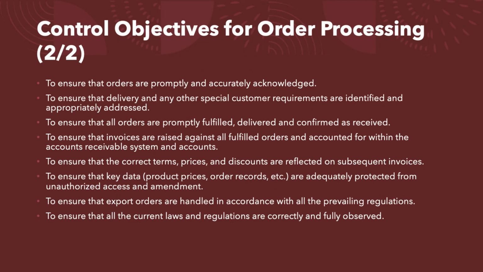Okay? Next, to ensure that the key data such as the product prices, the order records are adequately protected from unauthorized access and amendment. So, yun yung iniwasan natin, of course. Dapat any key data within that document, dapat hindi napapalitan, lalo na if it is, we have a system, what we call the electronic data interchange, wherein nakaset na doon sa record natin yung mga prices and order records.